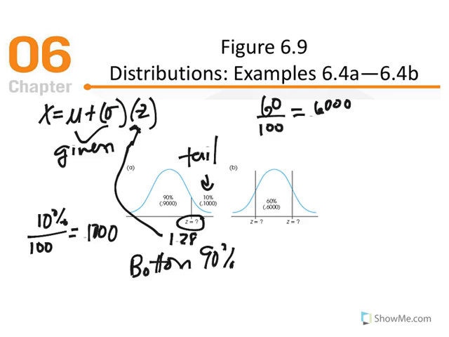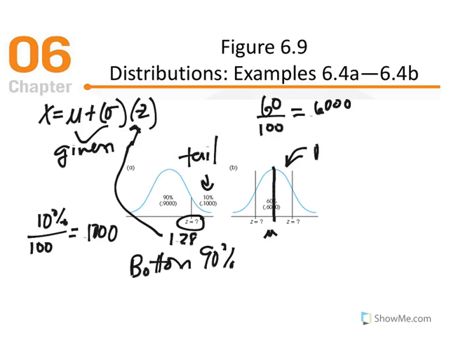So we need to be creative in how we're going to solve this problem. Again, we've sketched out the distribution and partitioned the middle 60% off in the center. What we need to do is utilize this so that we can focus on one of those areas: the tail, the area between the mean and the z, or the body of the distribution. The best way to solve this is to recognize that if we divide this in half using the mean, now we have an area of interest that we're familiar with.